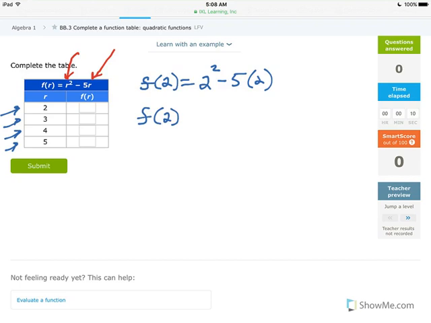So 2 squared should get you 4, minus 5 times 2 is 10, and 4 minus 10 should be negative 6. So your output for that first input of 2 is going to be negative 6. So negative 6 is going to go right here in the answer box.